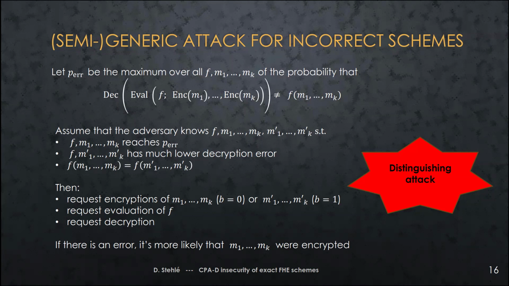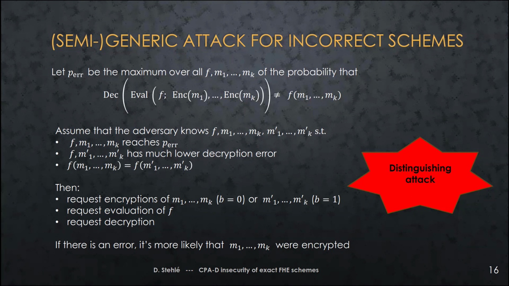I'm assuming further that the adversary knows a circuit F and two tuples of inputs, the m_i's and the m'_i's, such that F on the m_i's homomorphically reaches the maximum decryption failure probability. F on the m'_i's has a much lower decryption error, but the function evaluates in the same way on the two sets of inputs.